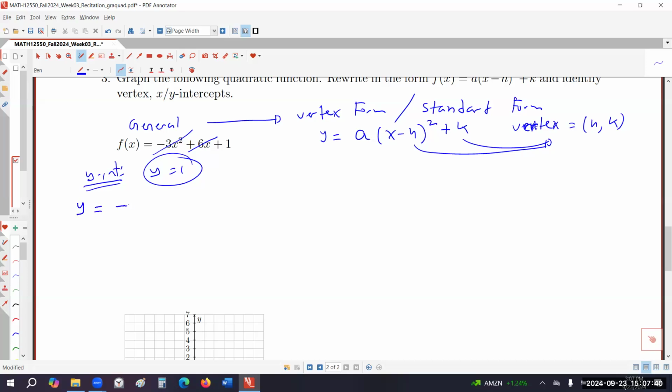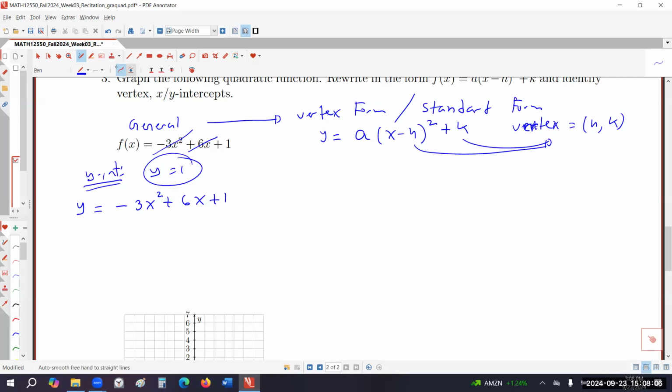So we have y equals negative 3x squared plus 6x plus 1. So what we are going to do is complete the square. Using complete the square method, we can convert this into that portion. But in order to complete the square, we cannot have any leading coefficient.